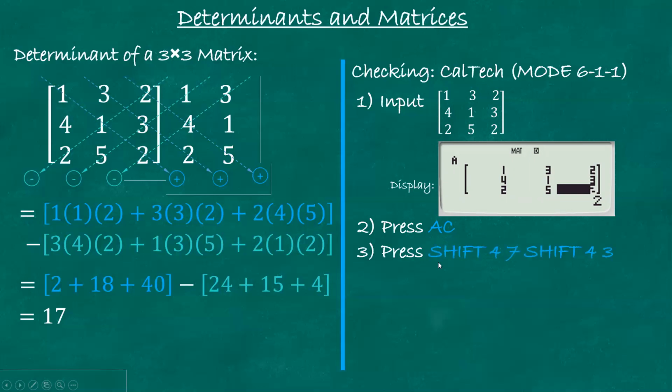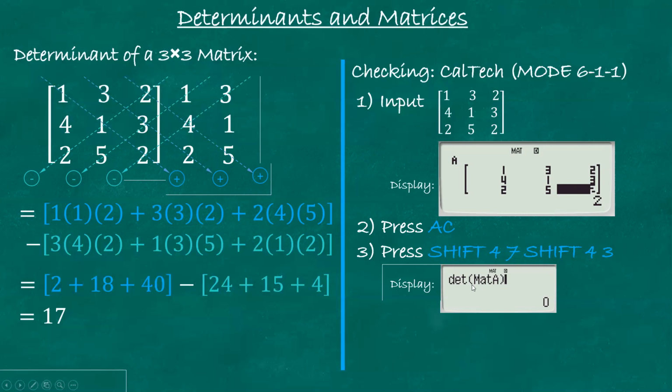So, press Shift 4. Shift 4 is matrix. Then 7 is about determinant. I don't know if the options go up to 8, I think. So, Shift 4, matrix, then 7, select determinant. Then matrix A: press Shift 4 again, and then 3, where matrix A is. The display is this.